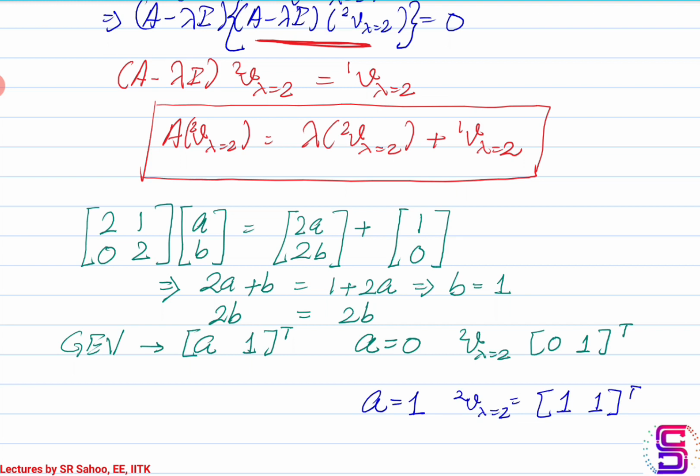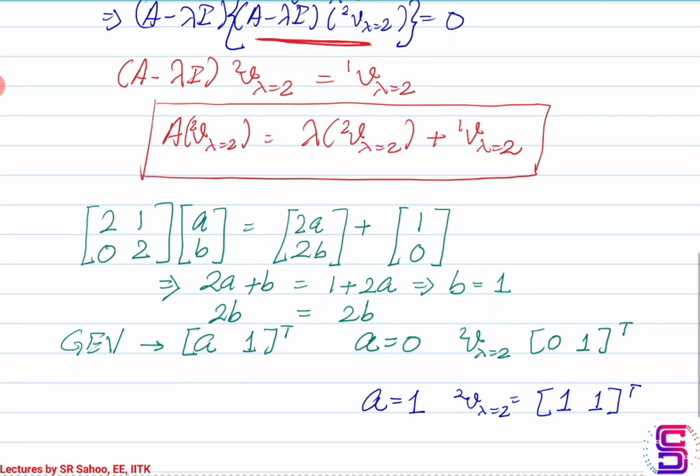And you can verify that if A minus lambda I square acts on 1, 1, it gives you 0, whereas A minus lambda I acting on it gives you the eigenvector 1, 0 in hand. The same is true when A is equal to 0.